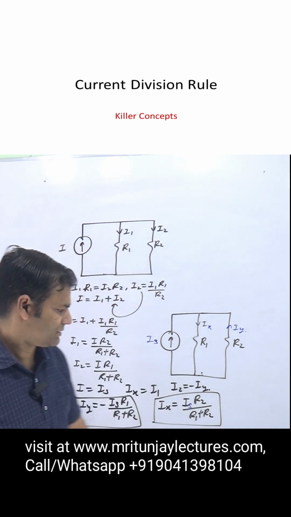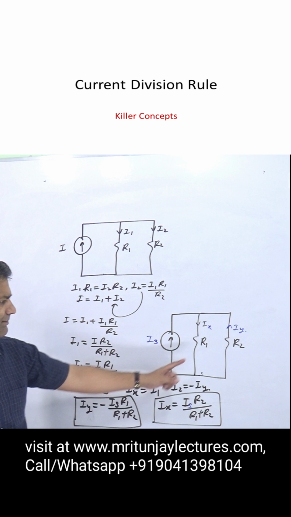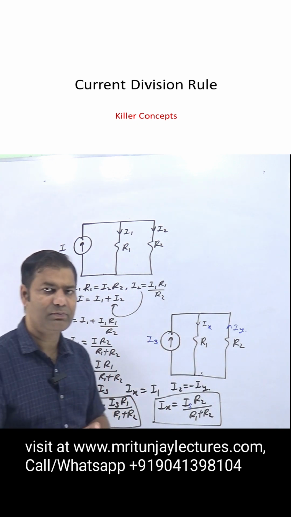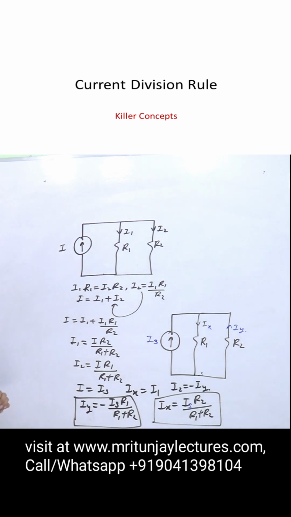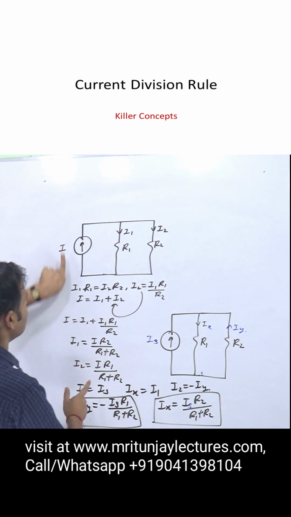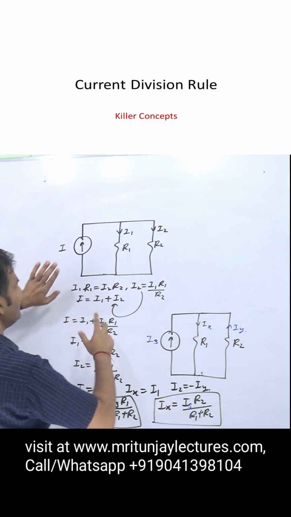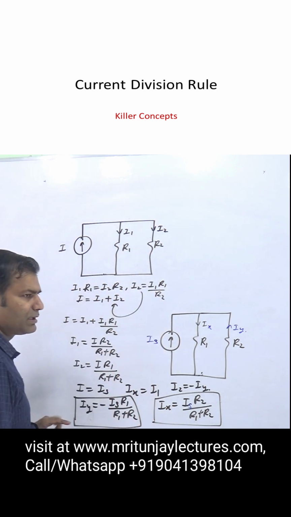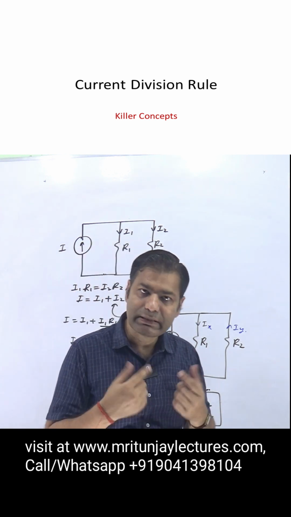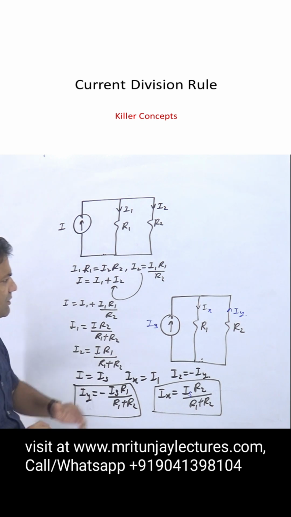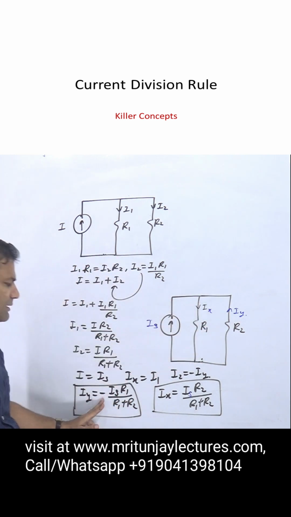Clear? But if you go on here, both current directions are upward. If you remember the formula, memorize: if this current direction is upward and this one is downward, then it is positive. But if both directions are upward or both are downward, then the current in the branch is simply minus.